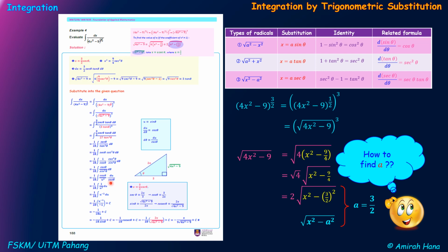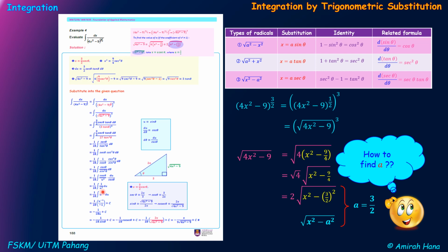Then after we simplify cos theta in numerator and cos theta in denominator here, we got integration of 1 over u squared du. Kalau tengok dekat sini, tinggal variable u dengan du. So itu tanda-tanda betul.